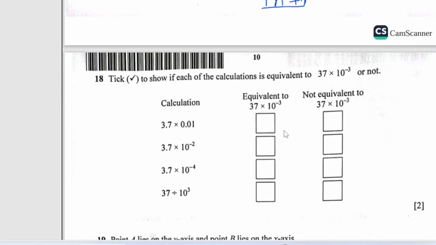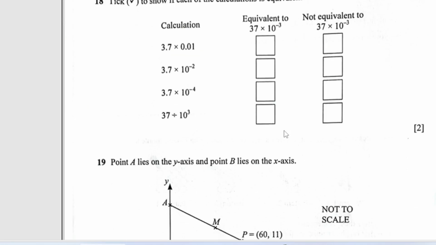Okay. Now the next one, question number 18: tick to show if the calculation is equivalent to 3.7 times 10 power minus 3 or not. So this is going to be, let me write it down, 37 over 10 times 1 over 100.